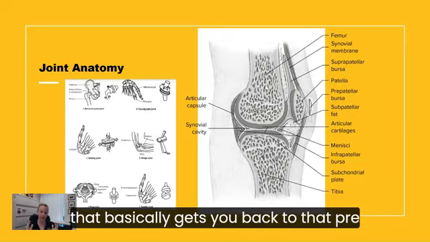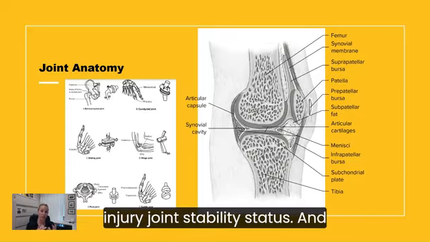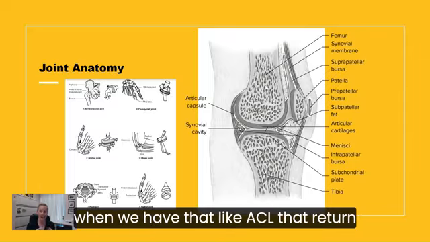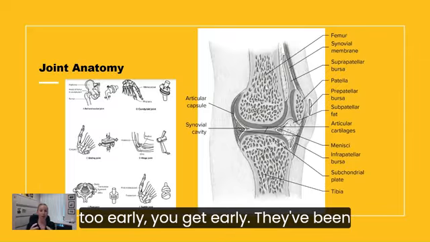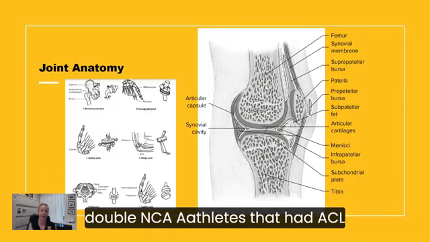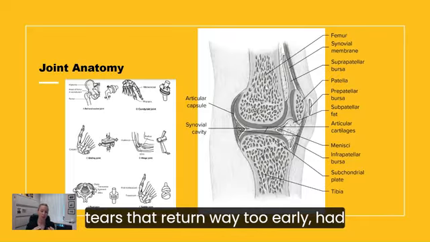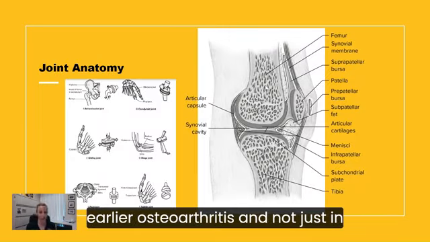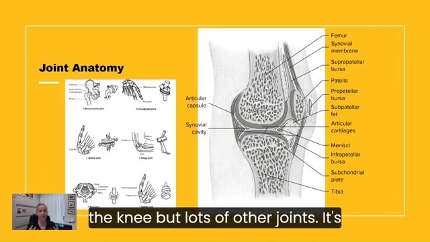They've been able to prove that a lot of NCAA athletes that had ACL tears and returned way too early had early osteoarthritis, and not just in the knee, but lots of other joints.